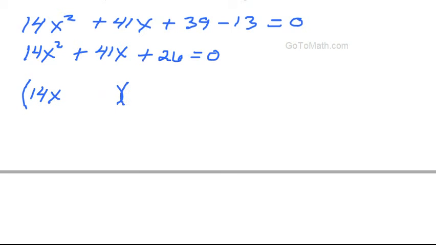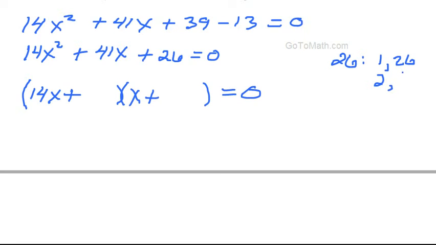That's going to be my guess, and therefore that would have to be an x, and since both of these are plus, we know that this will be a plus, and that'll be a plus there. Now this one here, you just never know. It's going to be 1 and 26, or it could be a 2 and a 13. I'm going to look at 2 and 13 here.